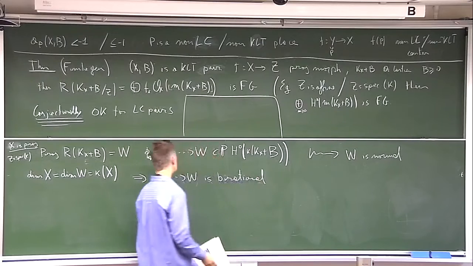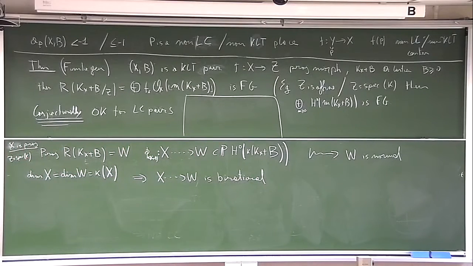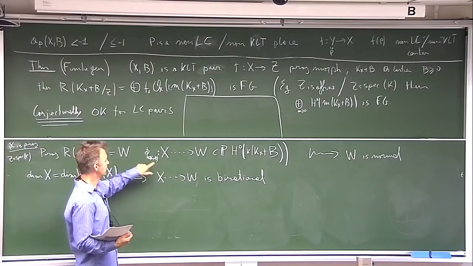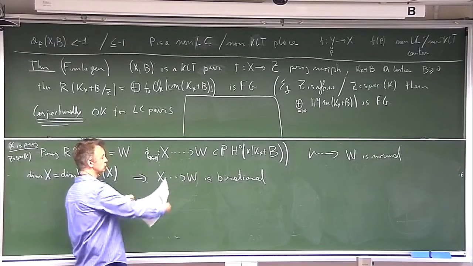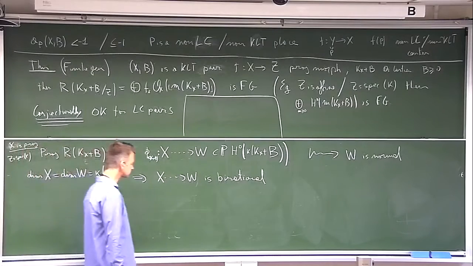A priori, you'd expect it to be generically finite, right? They have the same dimension. It may have generically some positive degree, but if you have a finite map and you pull back an ample divisor, it is still ample. So if sections of one multiple cannot give you generic degree 1, all you need to do is pick a sufficiently high multiple and you will actually get generic degree 1. So it's not hard to show that it's birational.